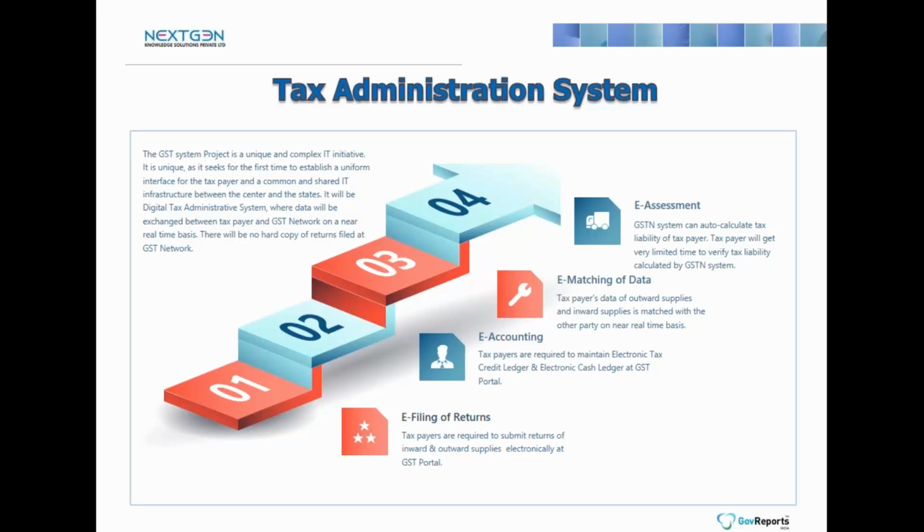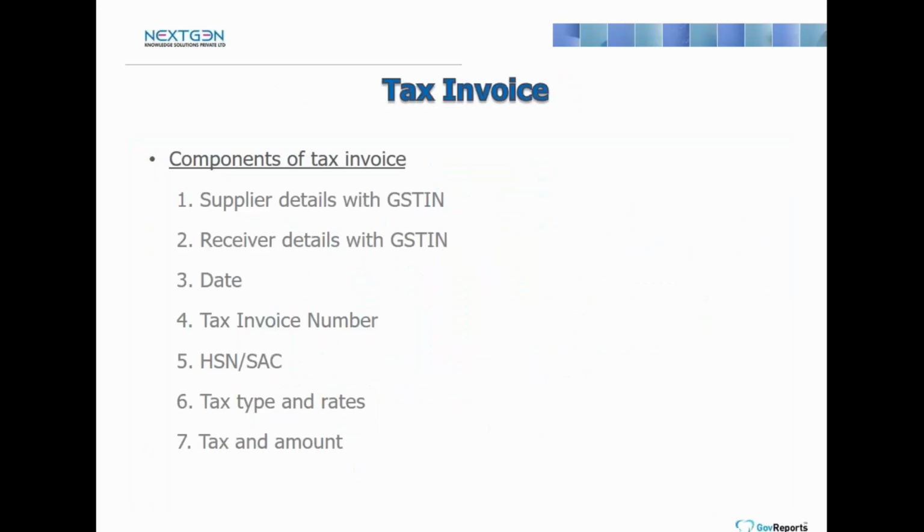There will not be any human intervention. In the past we are familiar with the traditional way of assessment, where the practitioner has to go multiple times to the assessing officer, submit various details, and then the assessing officer makes the assessment. But here there is no role for human intervention. Even the assessment will be made by the system itself.